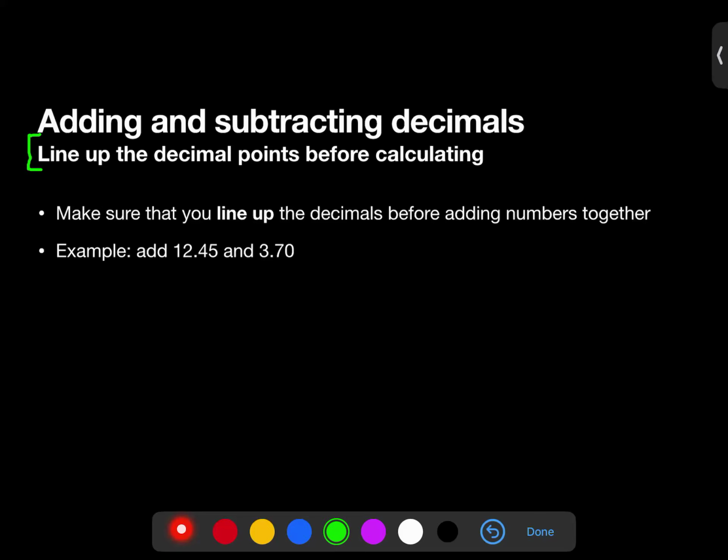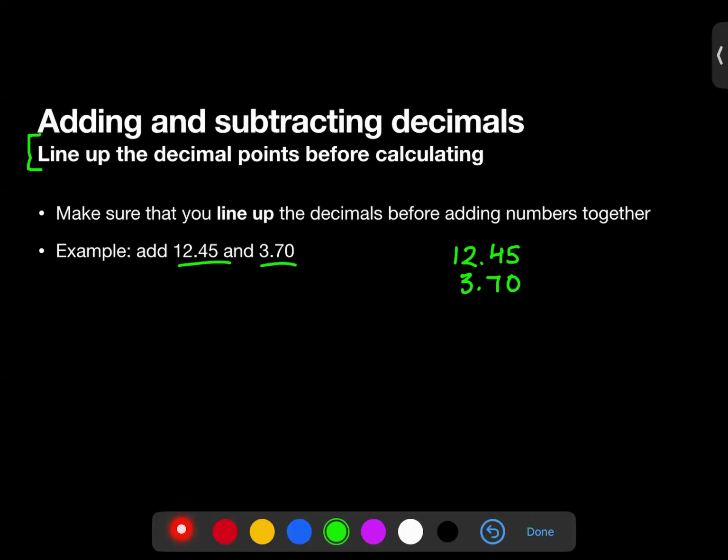So we want to add 12.45 and 3.70. So we'll do our common addition like this. Now you'll see that our decimals are correctly lined up.